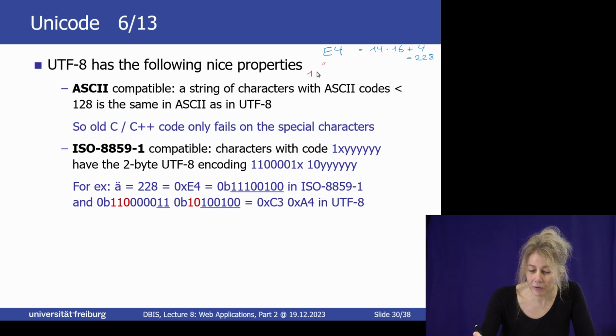Then do I need the 4? Yes. What's in 14? 8, 2, and 4, I guess that's 14, right? I have the 2, I have the 4, and I have the 8. I think that's correct. That's 14. And the 4 is, I don't have the 1, I don't have the 2, I have the 4, and I don't have the 8. So there we go, right?